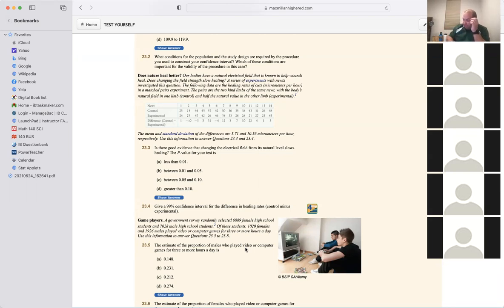So on the mu 0, what should I put? If the null hypothesis is right, what's the mean going to be? 0? 0. There you go.